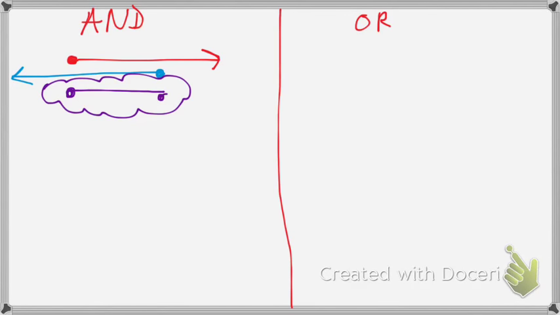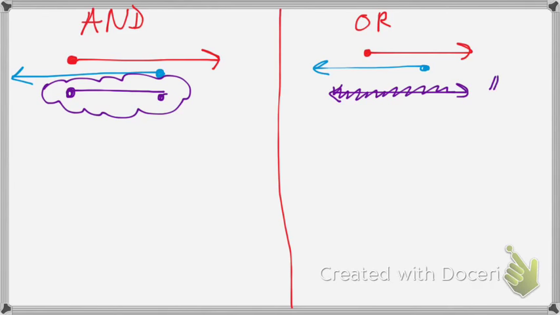If this was an OR question, where the rays went in opposite directions, then everything is shaded. And you've got a number line with every single point shaded, and that's all real numbers, kind of like the last example we just did. Another thing that could happen is the rays could be going in opposite directions, but there would be no overlap.